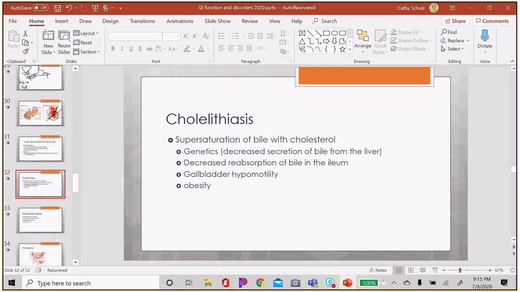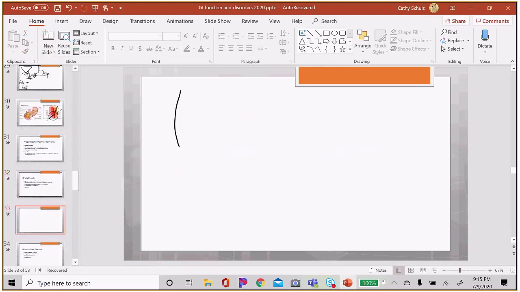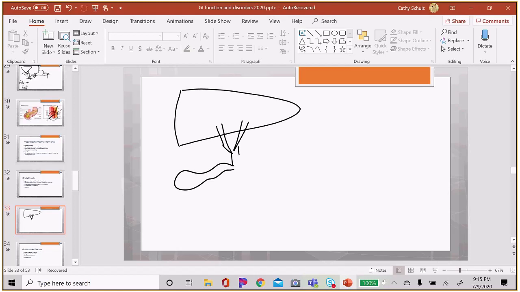This is a highly active area and an area that has a lot of problems, and especially the gallbladder. So the gallbladder is the purse of the liver, essentially. The gallbladder doesn't make anything. It's a storage depot for extra bile. Here's my little gallbladder coming off and connecting to the common bile duct, where it'll then empty into the small intestine.